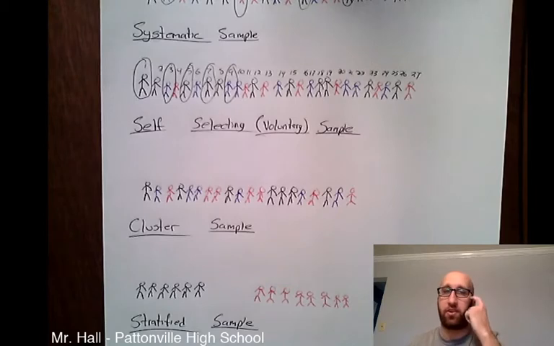A common example is when you go shopping and your receipt says, if you fill out our survey, you're entered to win a gift card or whatever. That really is a self-selecting sample. You decide whether you want to go home and fill out that survey and give your information. So I don't control who's in the sample. You determine it yourself, hence the name self-selecting.